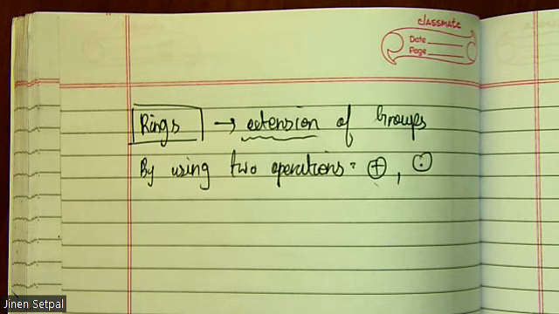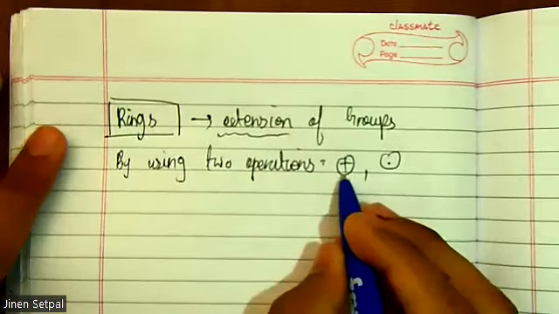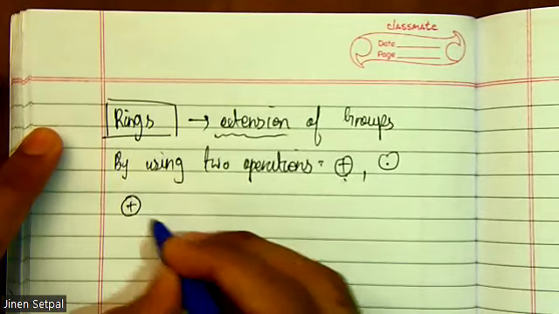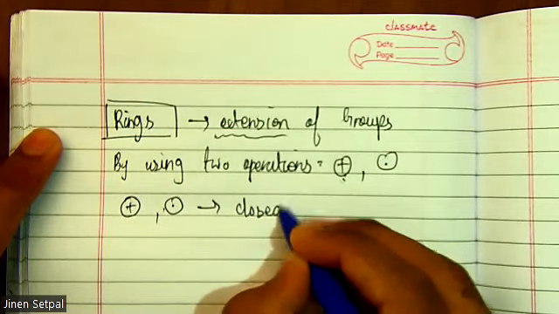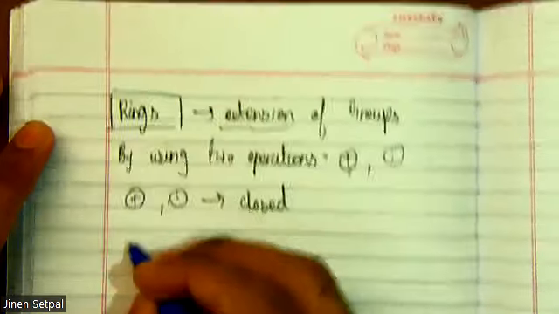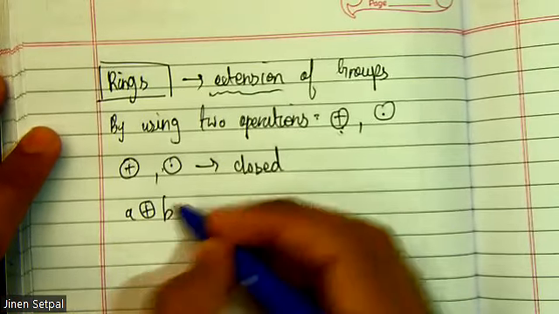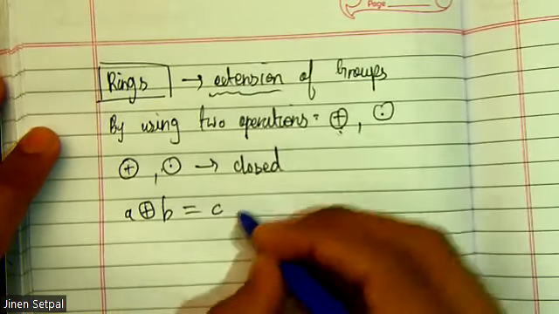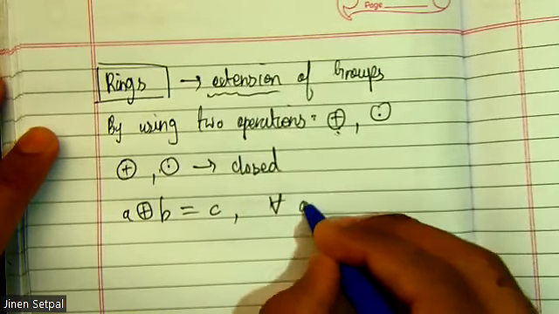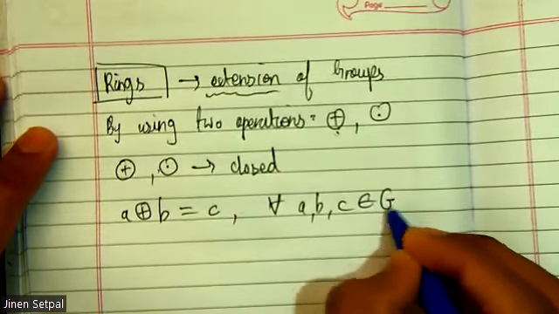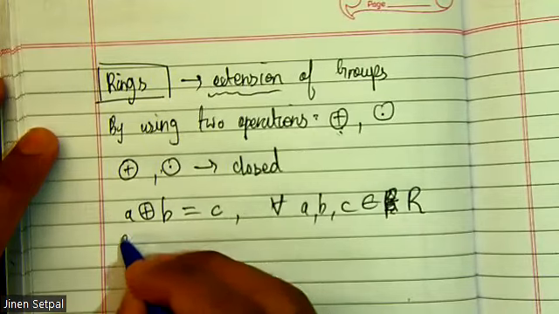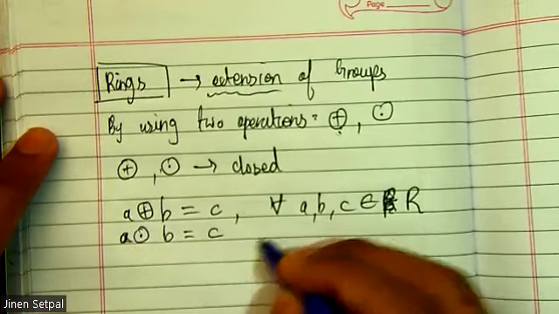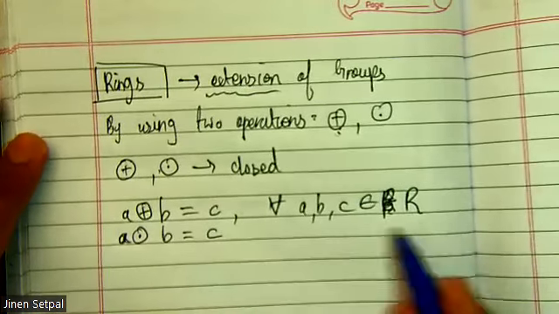Both of these operations are closed operations, which is the same as what we discussed with groups, wherein if we have A plus B and we get C, then all of A, B, and C belong to group G, or in this case, ring R. For the dot product, we get much the same: when A dot B is C, this same condition is met.